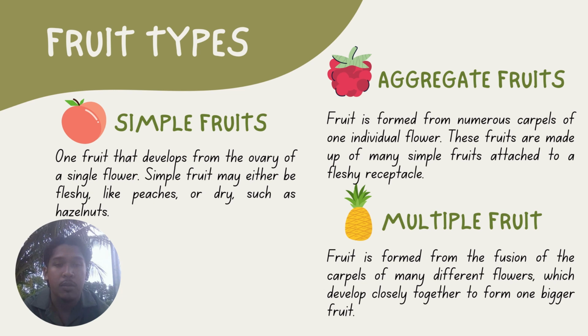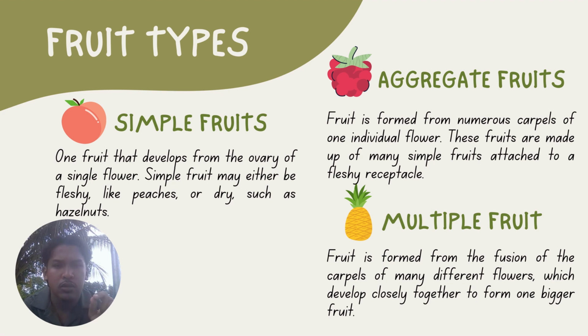The third one is multiple fruit. The fruit is formed from the fusion of the carpels of many different flowers which develop closely together to form one bigger fruit. For example, pineapple. As you can see, the pineapple has many triangle or diamond shapes. One diamond is, let's say, one flower.